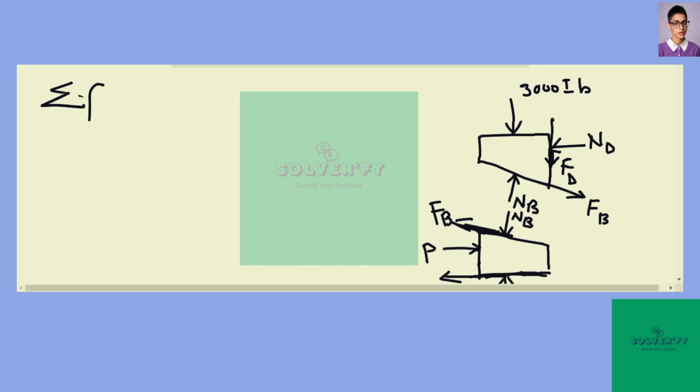So if we consider summation of forces in the horizontal direction, we are going to arrive at Fx equals 0, so that we have Nb, where Nb is the normal reaction at point B, sine 15 degrees.